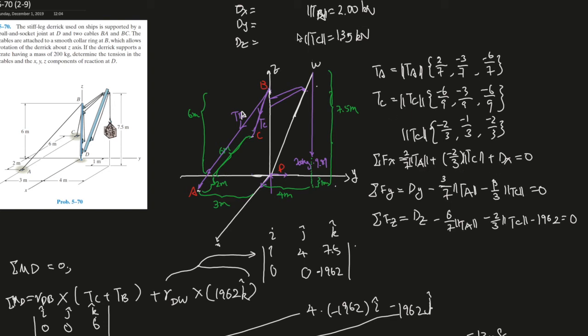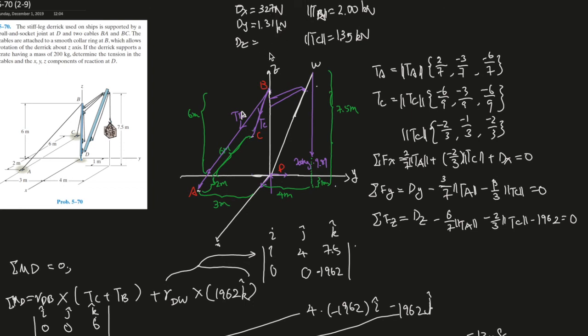TA, TC give you TX, so TX in the end should give you 327 newtons. Get rid of that, that's not a decimal place. And dy, if you plug these two numbers in, dy should give you 1.31 kilonewtons, right?